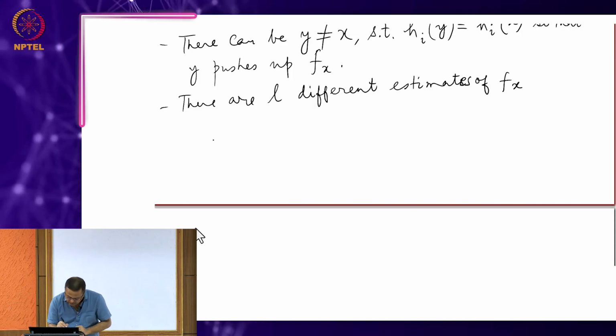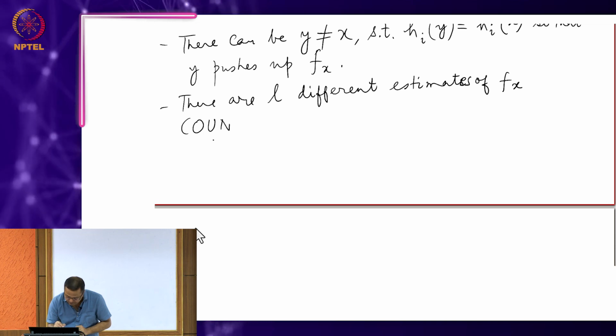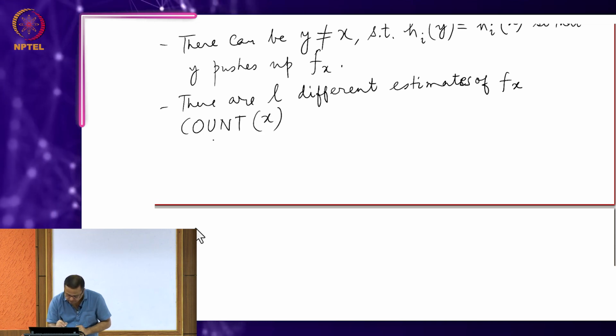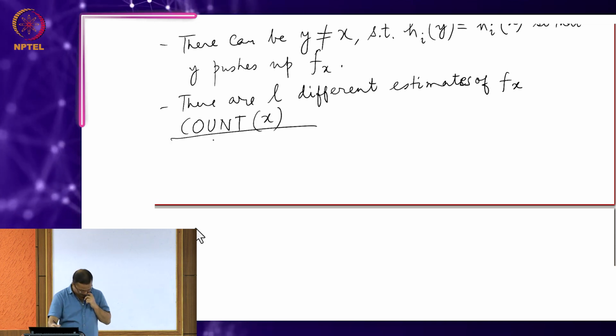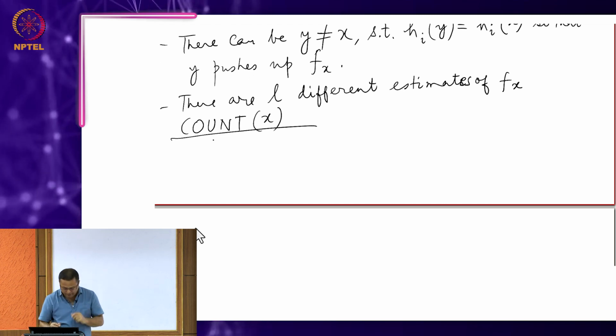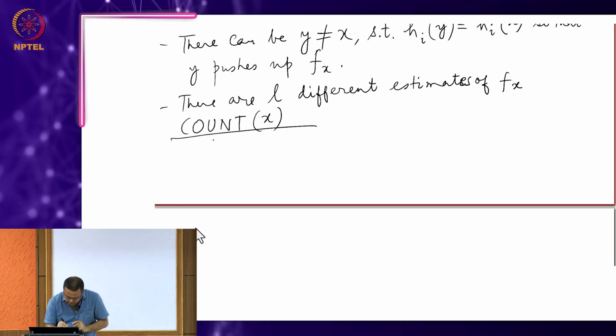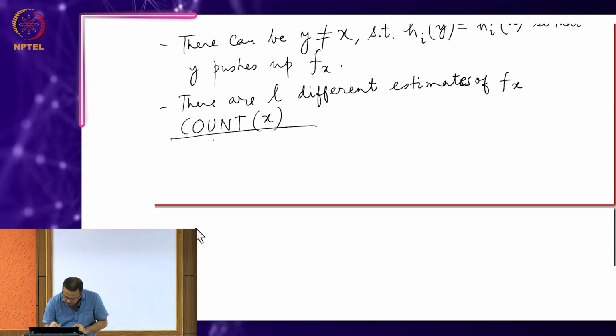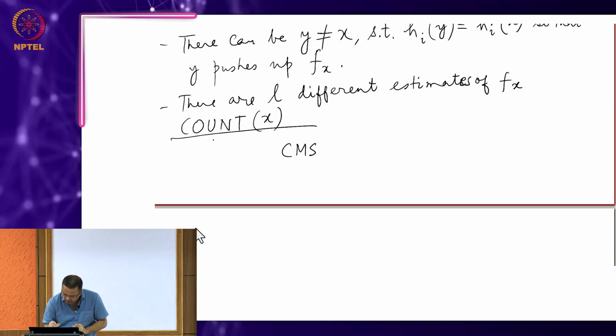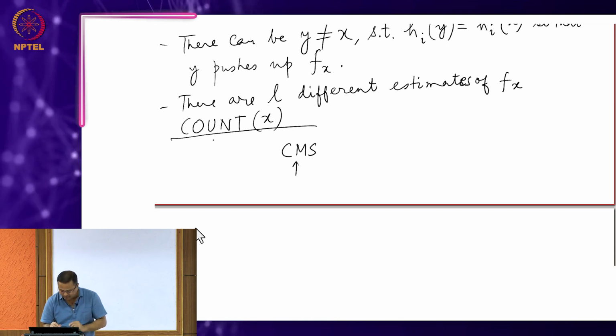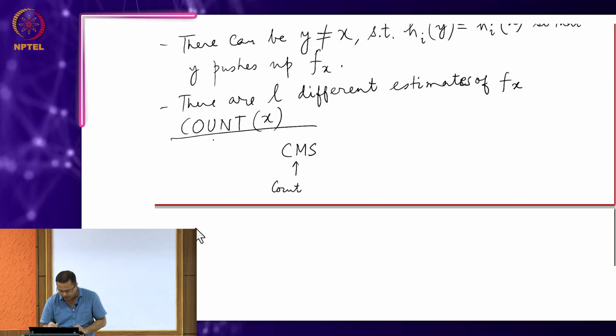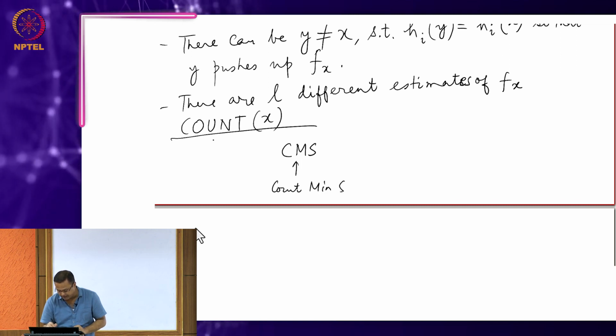So, your count x is pretty simple. You look at this name, CMS, that I am writing, it means count min sketch.